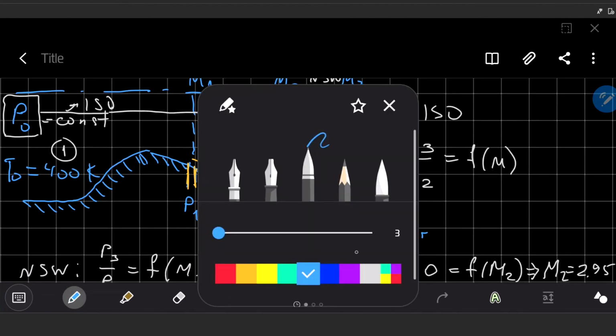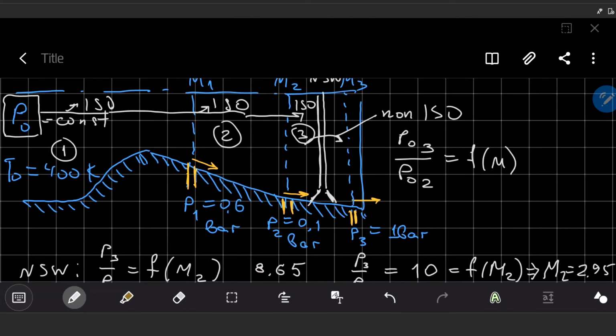And I will try to calculate the other temperatures we have in the system. This stagnation temperature, as you know, also stays constant for all regions inside the isentropic flow. So we have 400 Kelvin stagnation in point 1 and in point 2 as well.